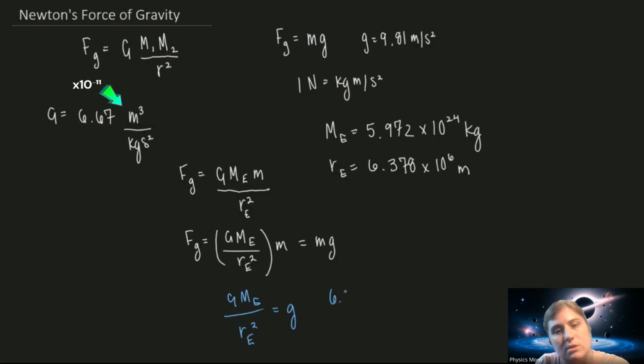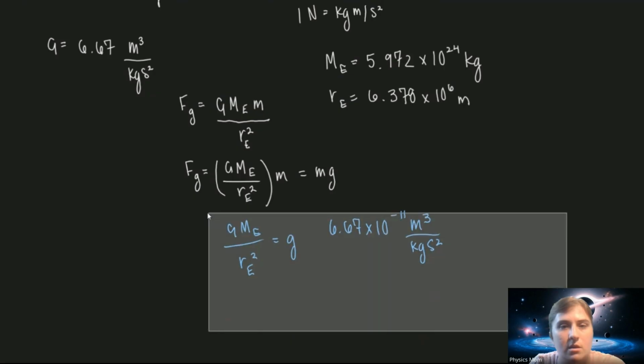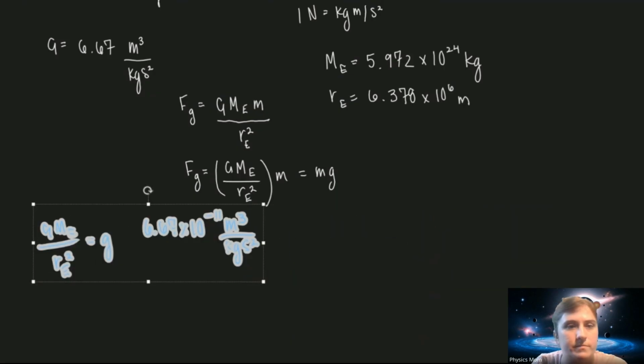This is going to be 6.67 times 10 to the negative 11 meters cubed per kilogram second squared. It might seem tedious, but I'm going to keep all the units here because I want to show you how they cancel.